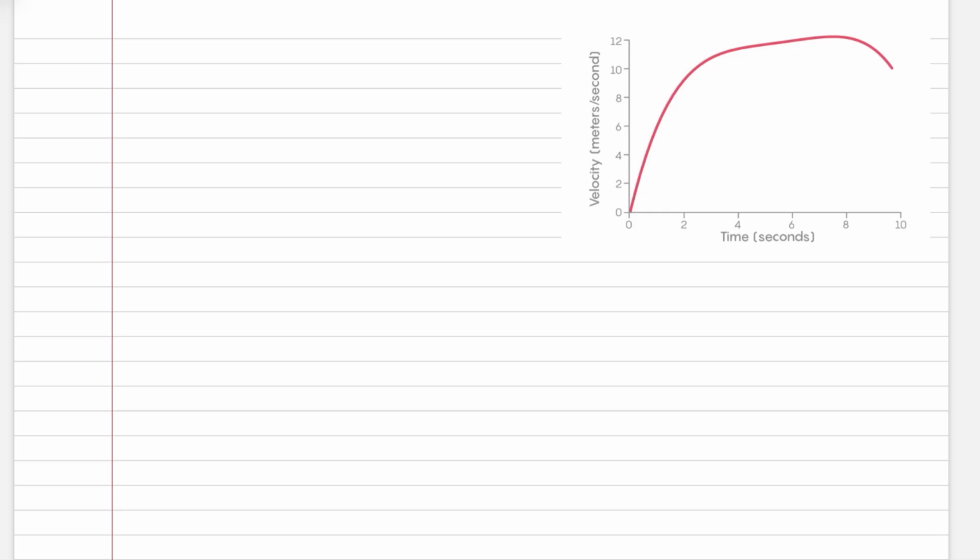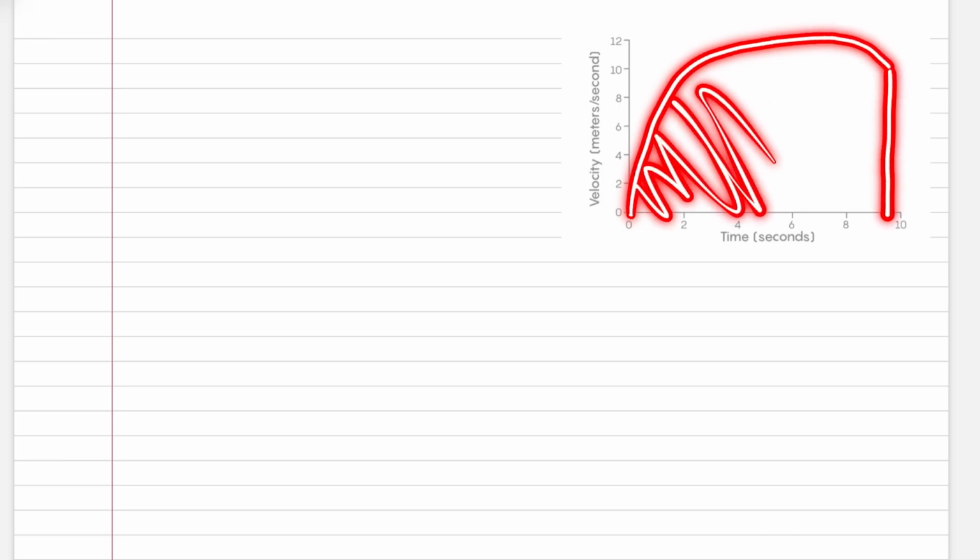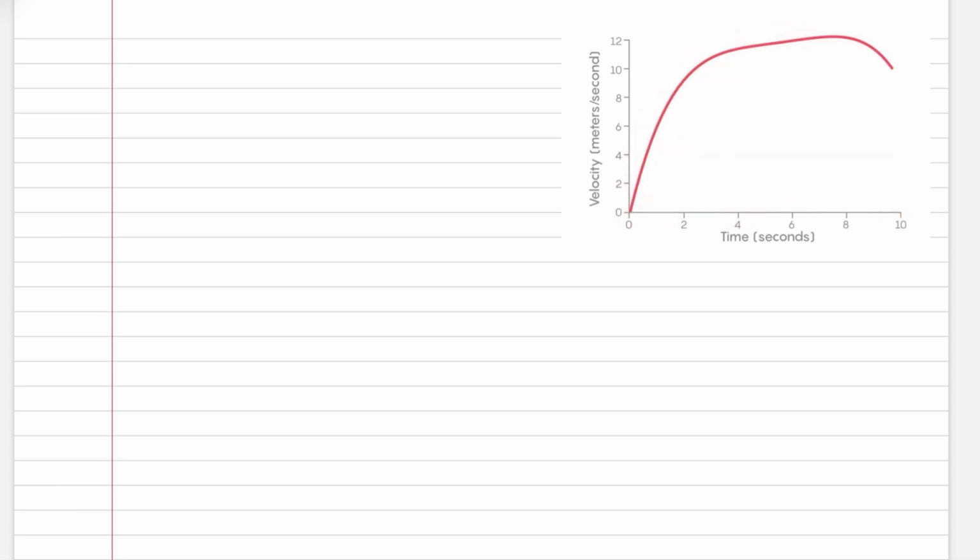But let's say instead that we're interested in what would have been the case if he was determined or just pushed himself to not slow down at the very end. Then the question is, how quickly would he have been able to cover 100 meters? Essentially in this case, you know that the area under this graph is 100 meters.